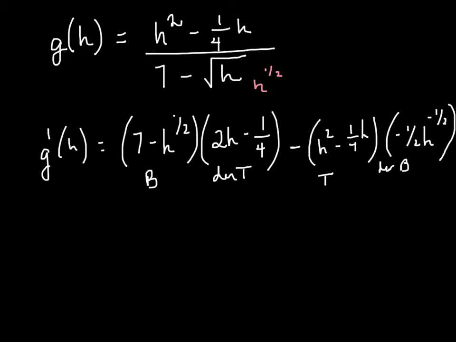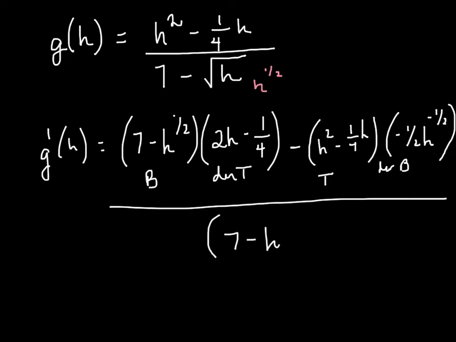You're just going to take the derivative of what the bottom is, and then put all of that over the bottom, which is 7 minus h to the 1/2, squared. And that's the bottom squared. Now remember, you might want to pause this video and go back through it and make sure you're picking up the little nuances of each of these.